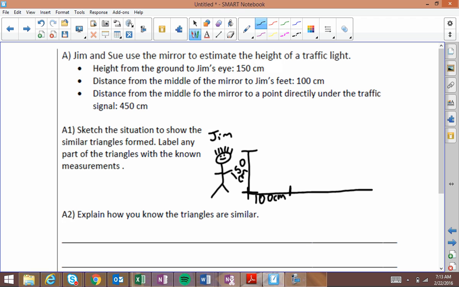We also know the distance from the middle of the mirror to the traffic light is 450 centimeters. What we don't know is the height of this traffic light. So now we have our picture. Go ahead and explain how you know the two triangles are similar.